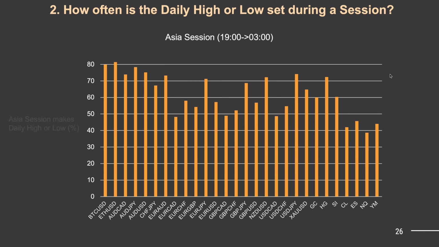If we have a look at the Asia session, we can see that crypto here absolutely beats everything with 80% chance of seeing a high or a low during this time. For the rest it's between 40 and 60%. So we are right in the middle, I would say. 50% chance to see Asia session make a low or a high of the day.